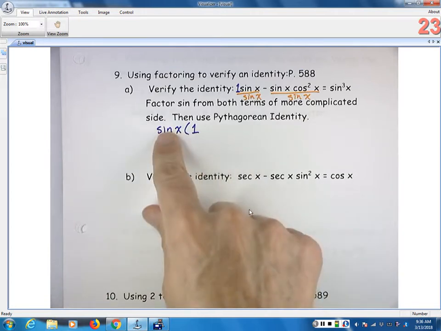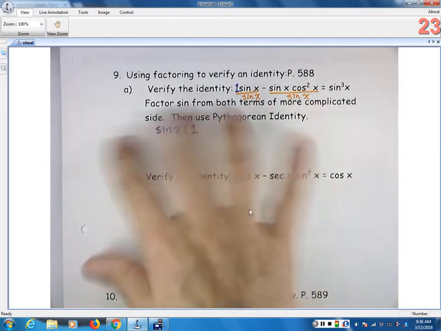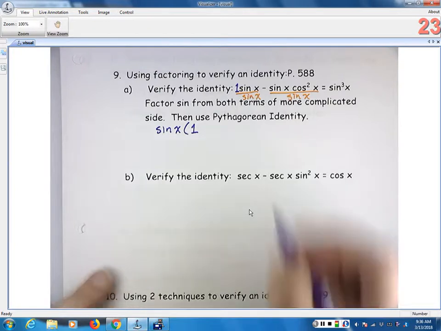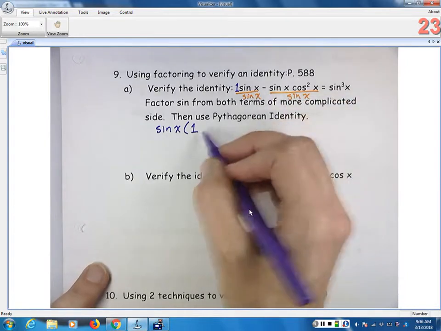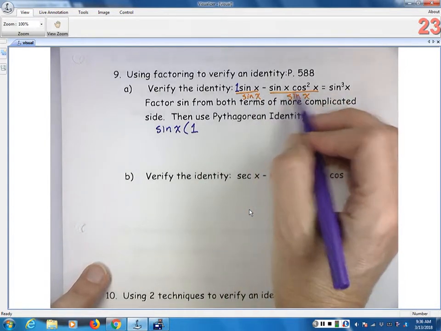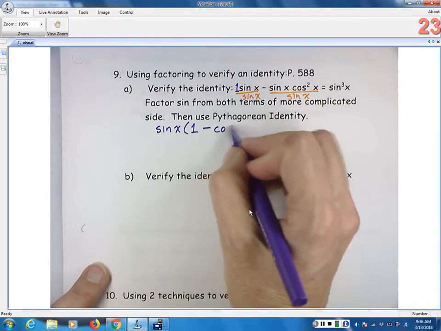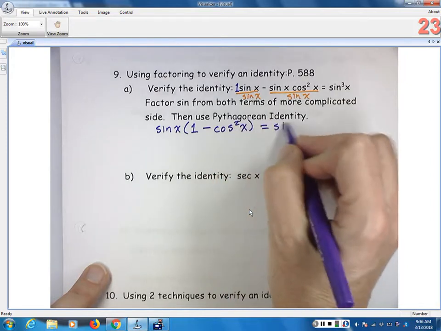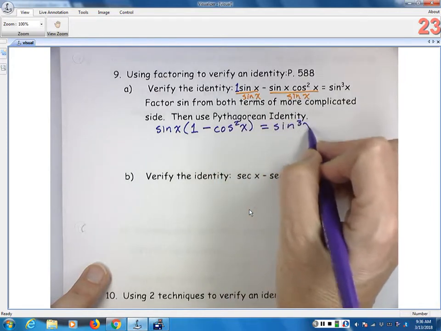This divided by sine x would be 1, so we're just changing the look of it by factoring that out. So no, don't make that mistake that it's 0. That's why I tried to ask, because a lot of people think it's 0. And then you get minus cosine squared x equals sine cubed x.